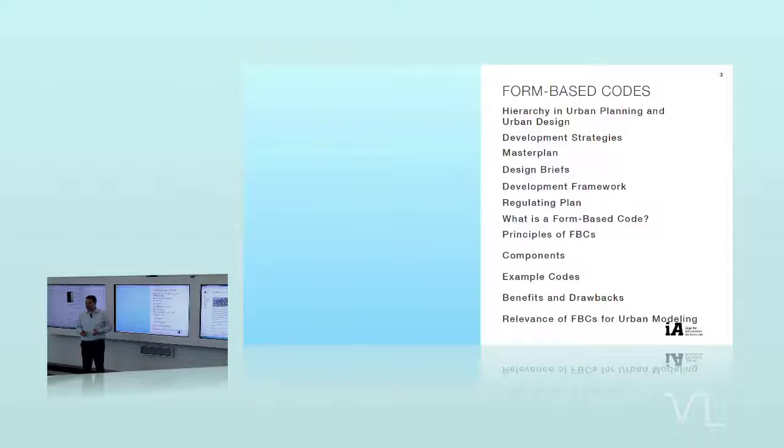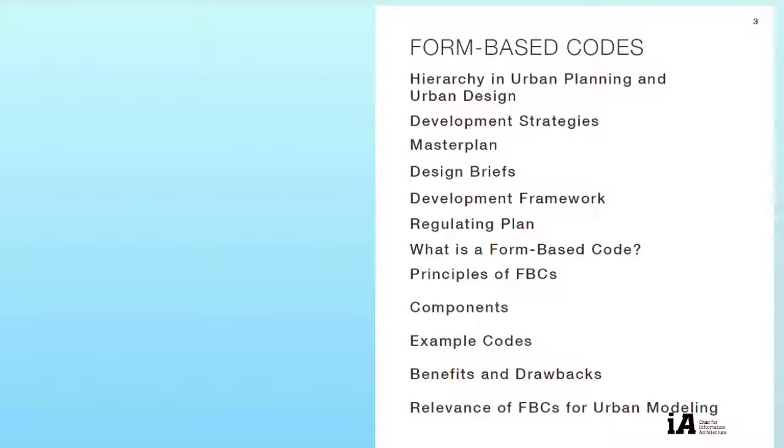We have some recent examples, for instance, the whole design guideline repository of Foster and Partners for Masdar in Abu Dhabi, which is based on a form-based code, and that would show you something you could maybe have as a visual reference.